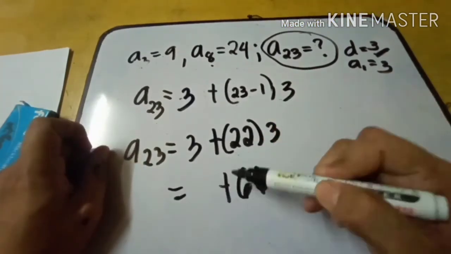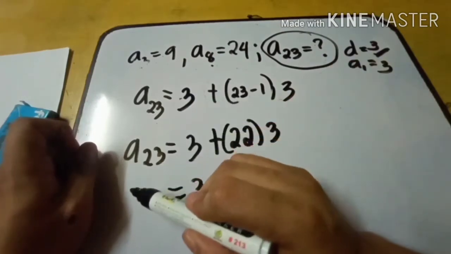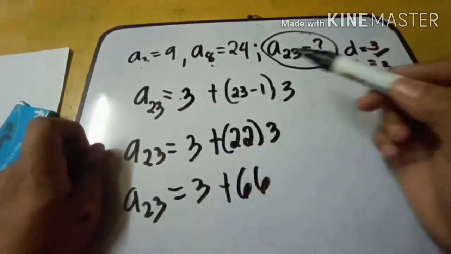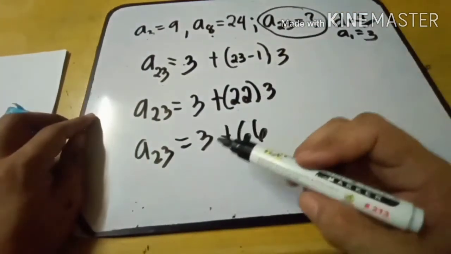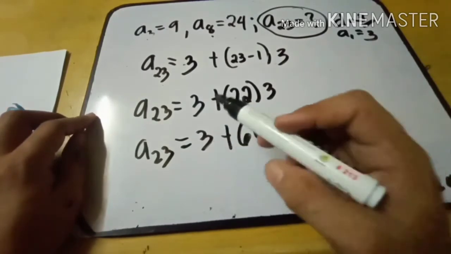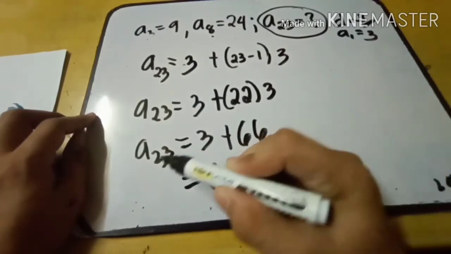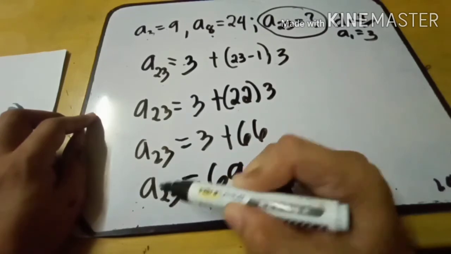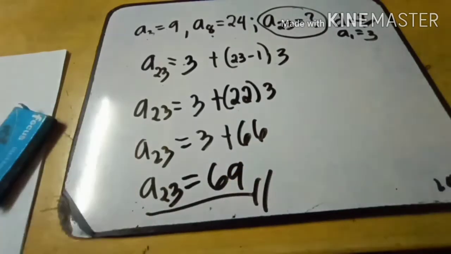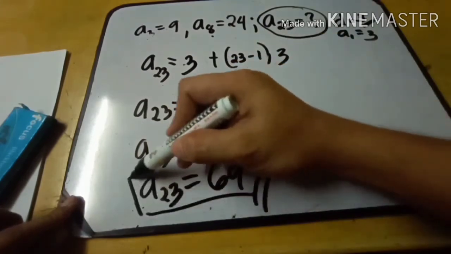We simply copy the remaining terms. Here a sub 23. Then we simply add 66 plus 3 will give us 69. So the value of our a sub 23 or the 23rd term is 69. So I hope this is clear.